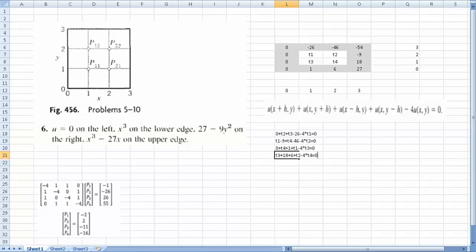Now, we can rewrite the first equation, and let's put them in T1, T2, T3 order.